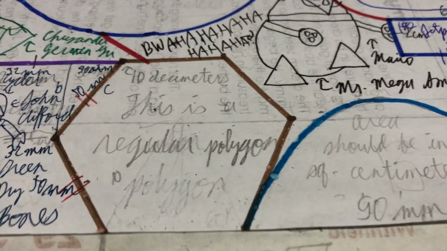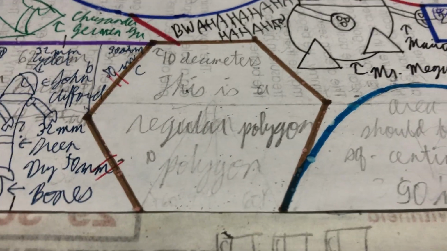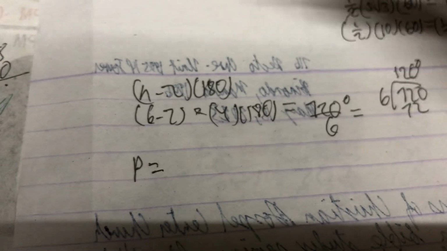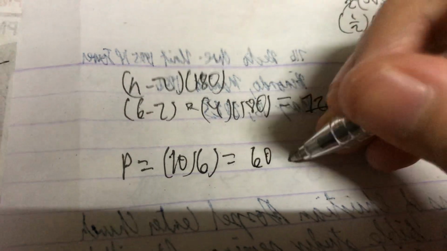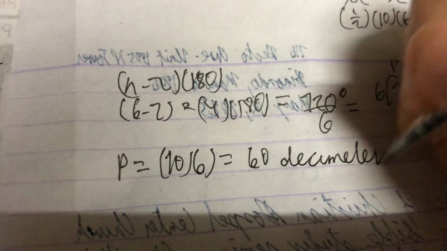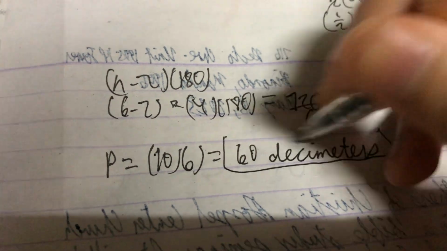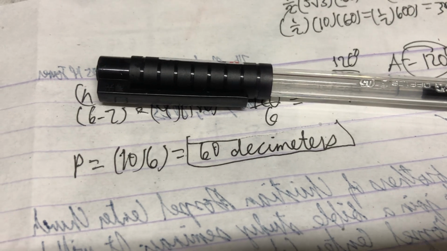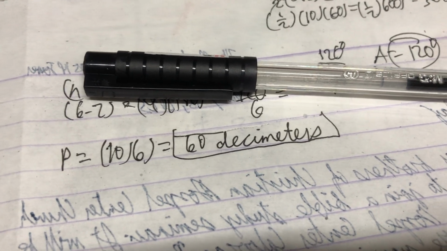And since there are 6 sides that are congruent, ano yung formula namin? 6 times 10, di ba? Because the measure of one side is 10 decimeters, and there are 6 sides that are congruent, so ito po yung formula ng perimeter. Ang perimeter namin ay 10 times 6, which is equivalent to 60 decimeters. Yun po yung perimeter. Alright? Ito po yung perimeter ng regular hexagon.